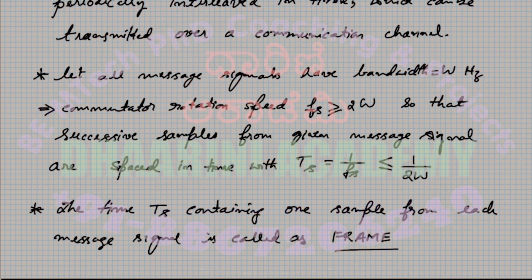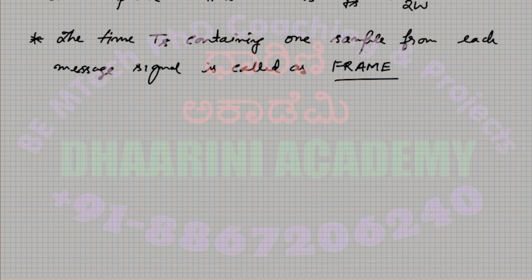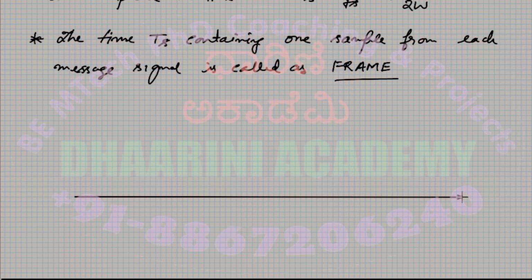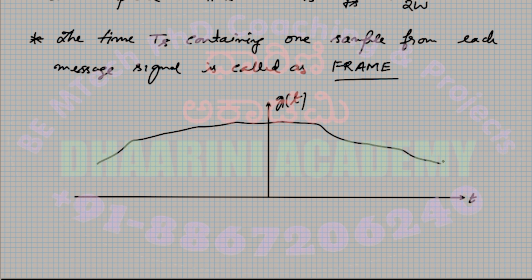So let's try to write a frame now. How should the frame be represented? Let me say I have a signal called G1 of t. I'll plot G1 of t with time. This is the time axis t, and I'm trying to plot only one signal. Let me assume that G1 of t is like this.